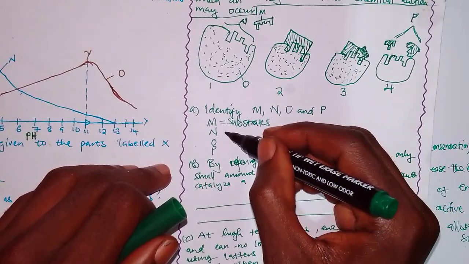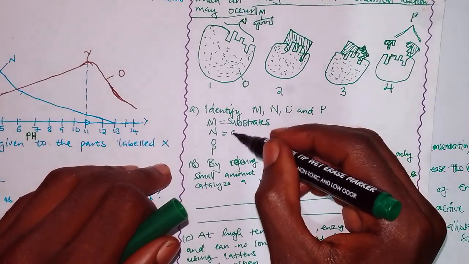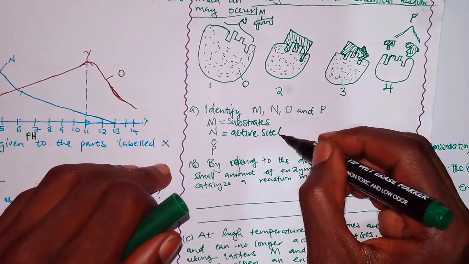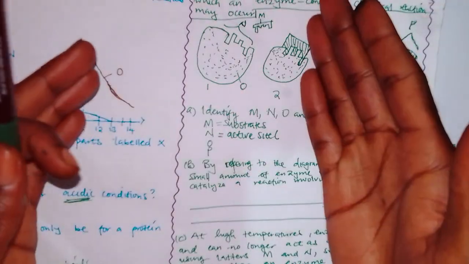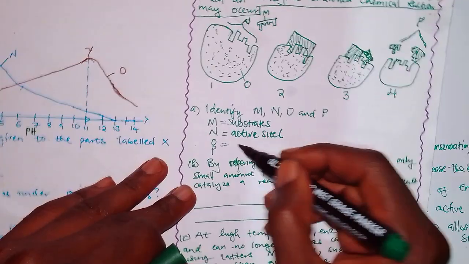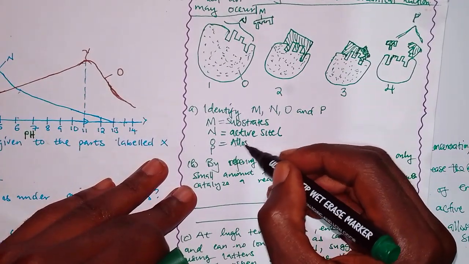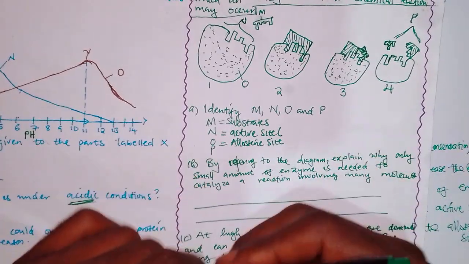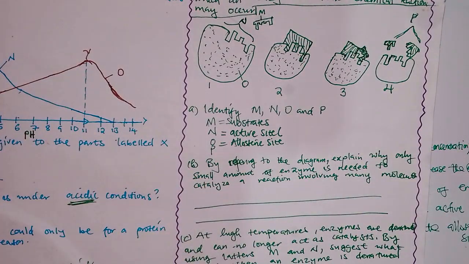I also talked about N, which was the active site, where the substrate will bind. Then we talked about O, which was the allosteric site, which is just the other part of the enzyme.